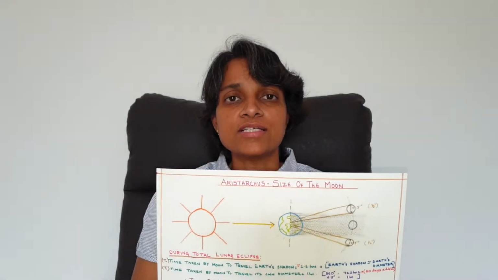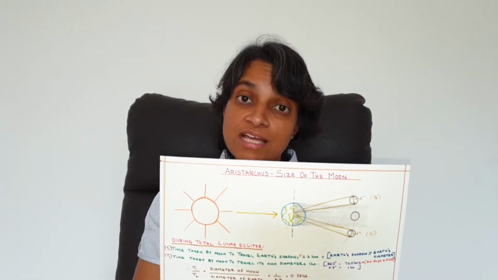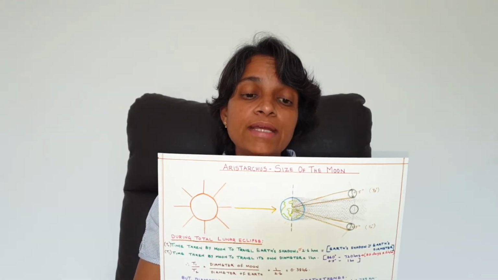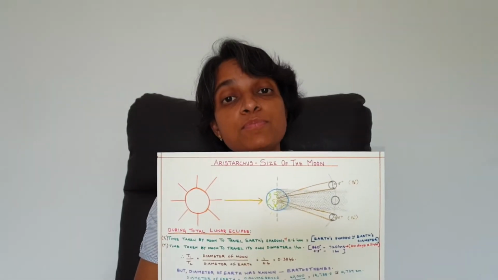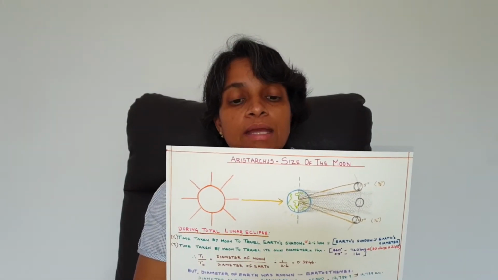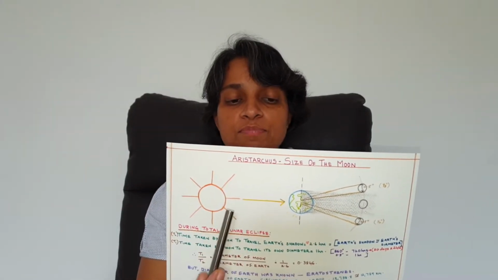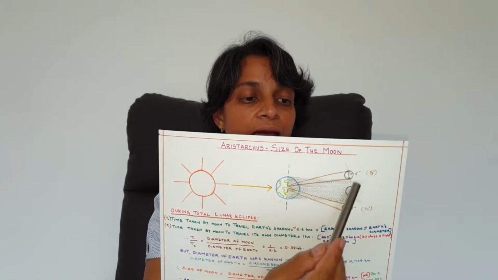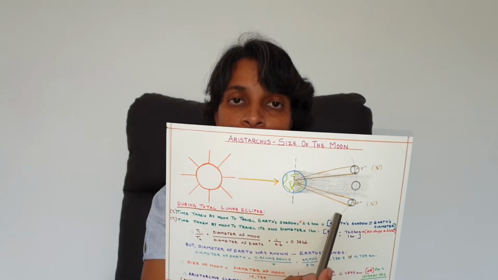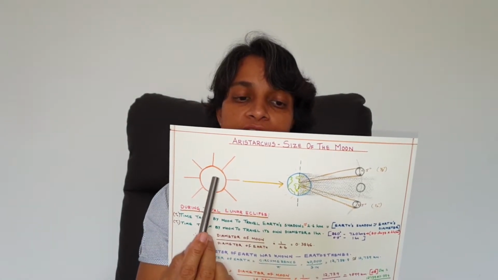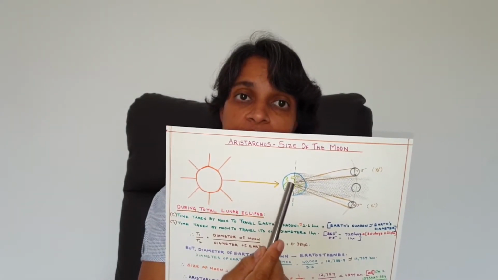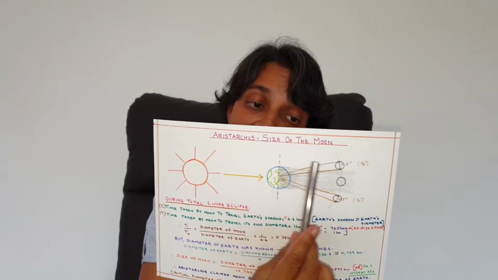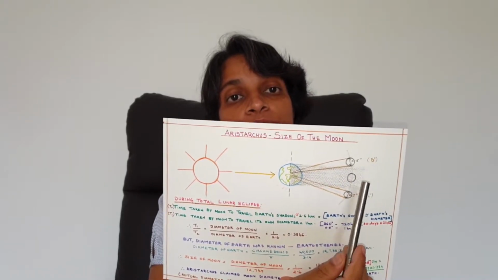When Aristarchus decided to measure the size or the diameter of the moon, he observed lunar eclipses. During a lunar eclipse, the Earth comes in between the sun and the moon. Because the sun is blocked by the Earth, the Earth casts a shadow on the moon.